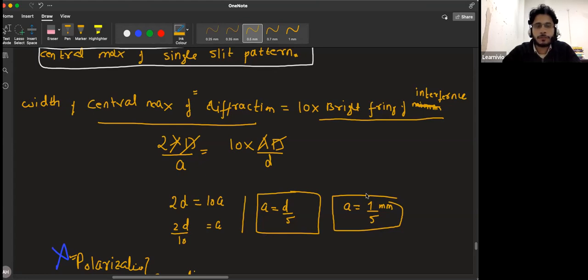Okay, so these are the type of numericals that you could get in diffraction. Then there are some conceptual questions.